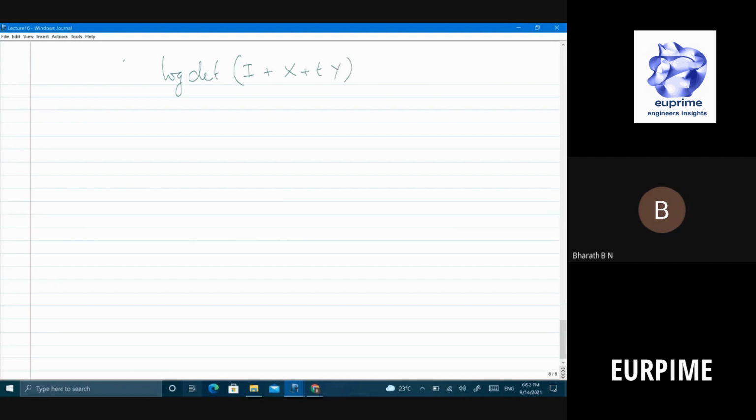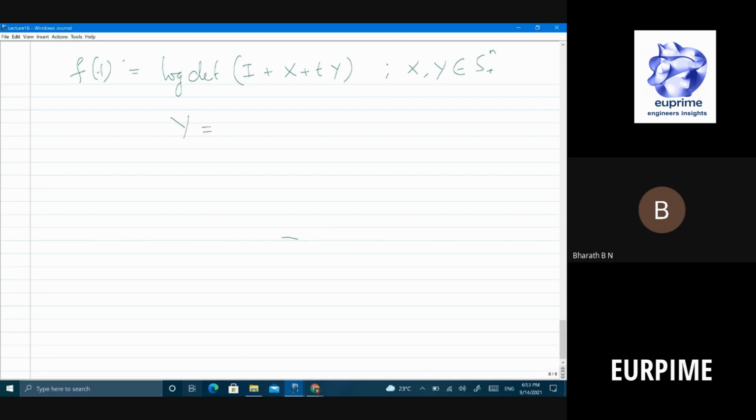So we want to show that this function, as a function of t, is convex, right? Now, y, by the way, belongs to the set of symmetric positive semi-definite matrices. This is something that we assumed.